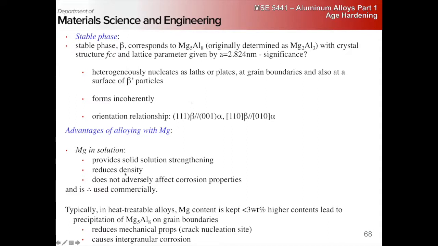It does provide really good solid solution strengthening. Why do we use it, though? It reduces density, and provided you can avoid beta, the magnesium doesn't affect corrosion properties. Aluminum copper, on the other hand, is highly corrosive, corroding very quickly even in the solid solution state.